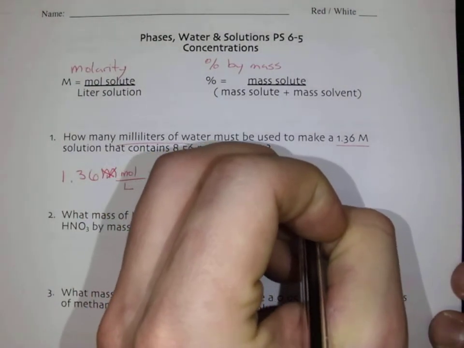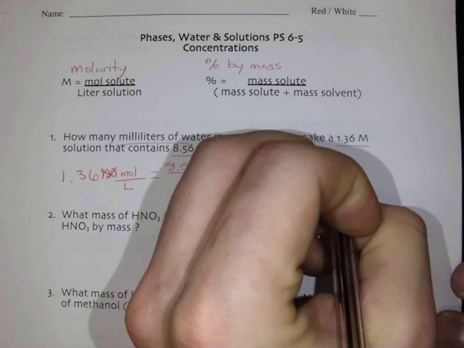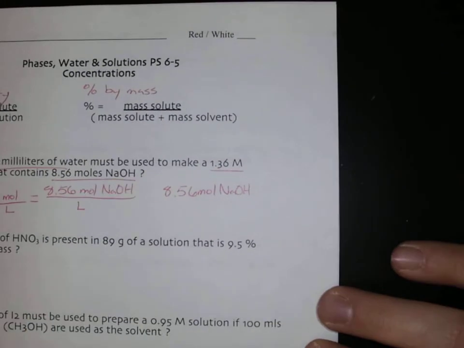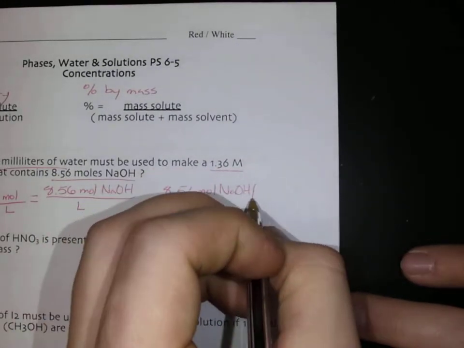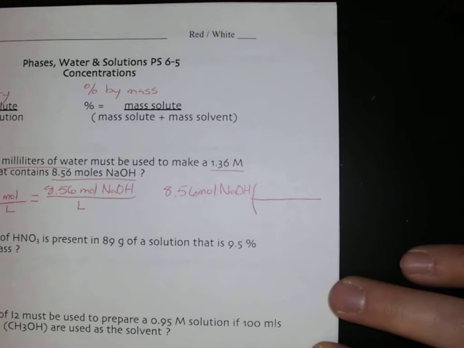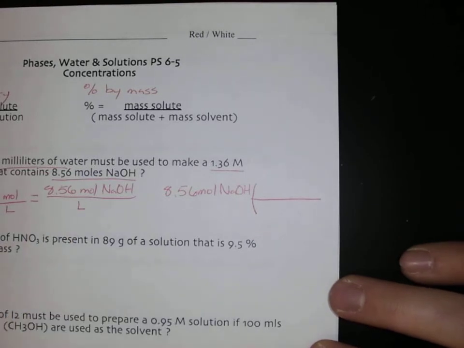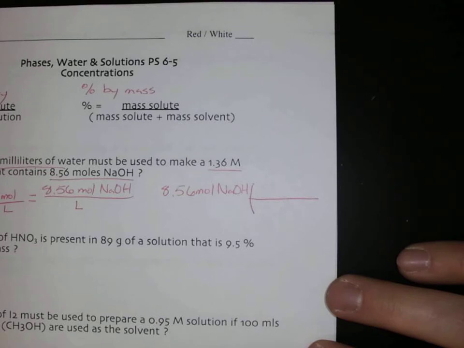So our 8.56 moles of NaOH, I want to make a solution, right? And I'm going to do a conversion factor here. So I want to make a solution that's 1.36 molar. So I'm going to show that my units cancel, right?